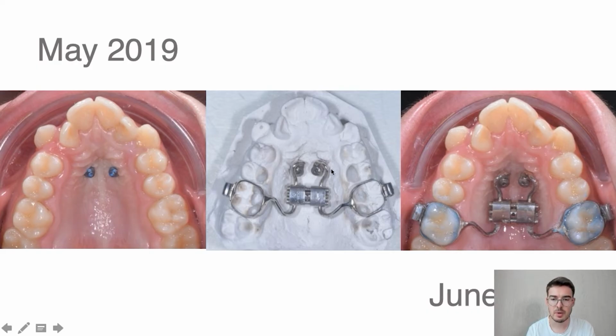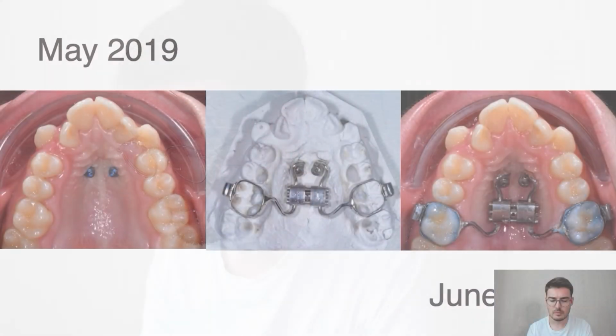Even here, take a look at the positioning of these beams. They are located vestibulary. If we use this device at stages D or E, we know that the suture is very dense and it is almost ossified already. Other sutures are dense too.